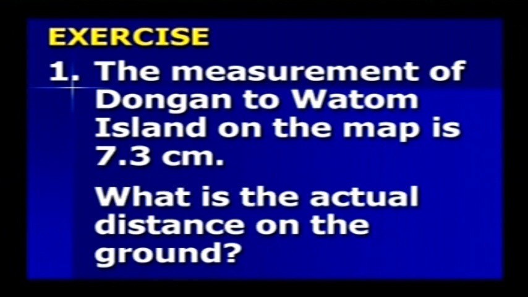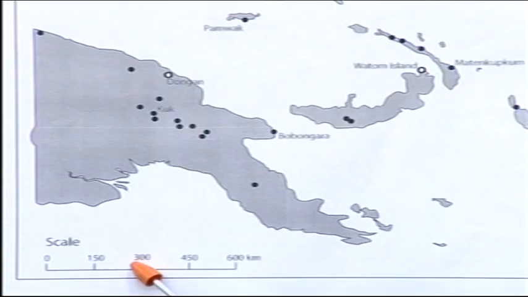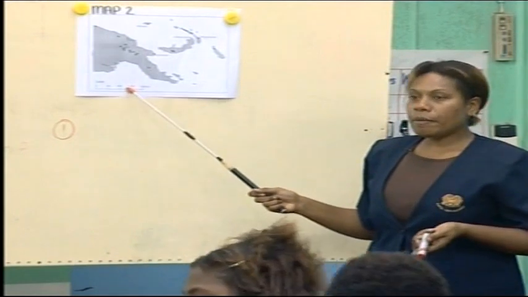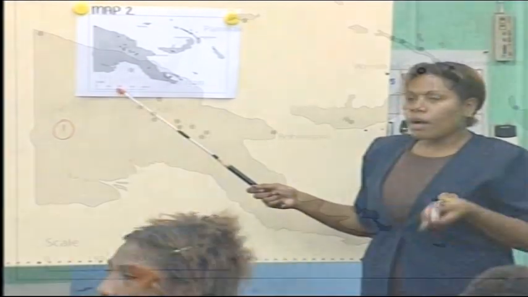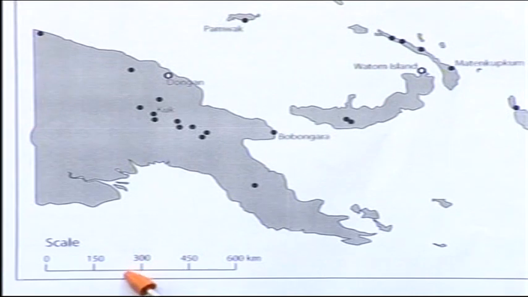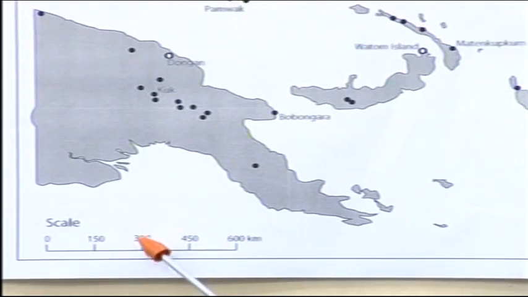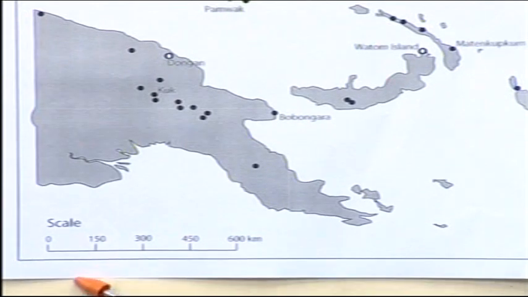All right, question 1, again refer to map 2 of your workbook. Now if you look at your scale, is the scale the same as the scale on map 1? No. Here on map 2 the scale reads 1 centimeter on the map represents 150 kilometers on the ground.